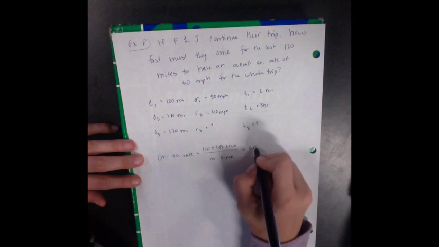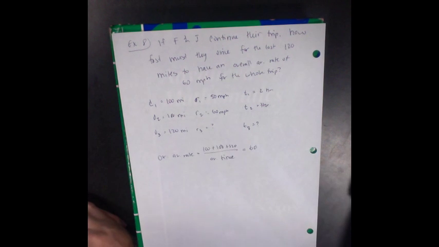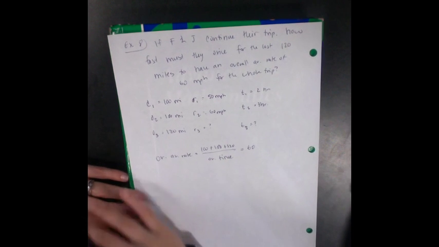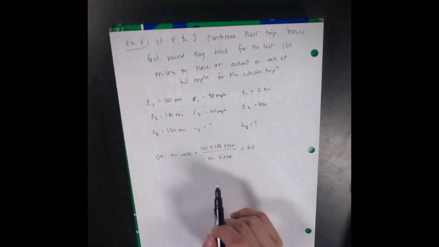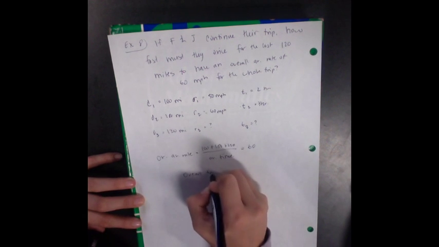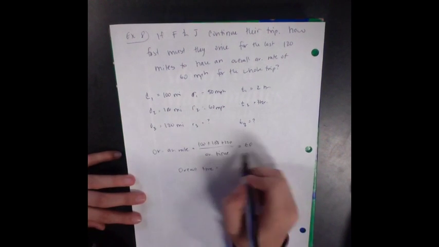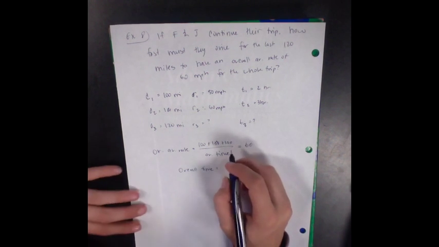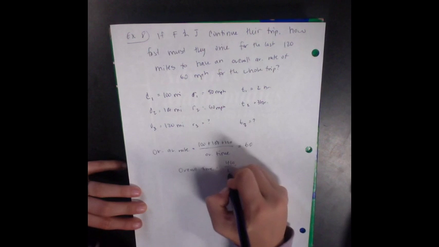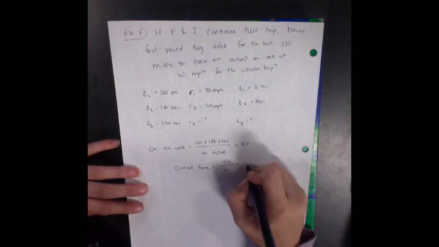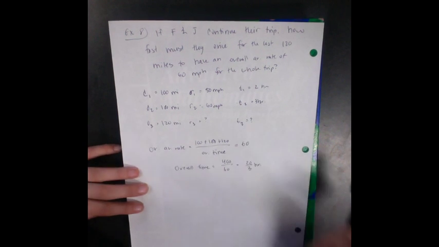And we want this to equal 60 miles per hour. Okay, now I'm going to use this to solve for my overall time. So my overall time is going to be 100 plus 180 plus 120, which is 400 over 60 miles per hour, which gives me 20 over 3 hours.